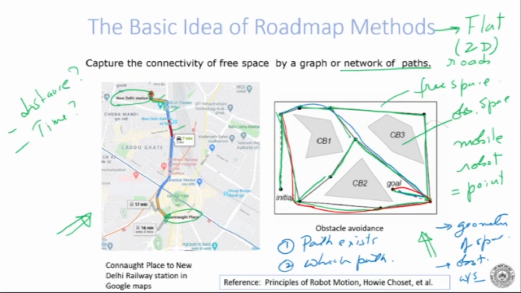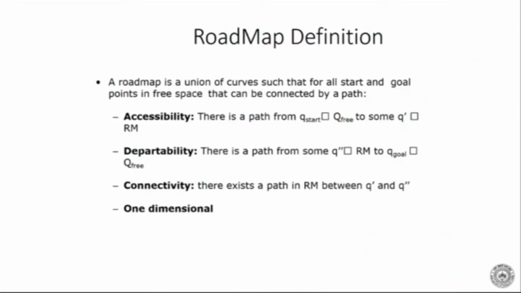Let's proceed. Now, the definition of a roadmap is that a roadmap is a union of curves such that for all start and goal points in free space that can be connected by a path, it has accessibility.